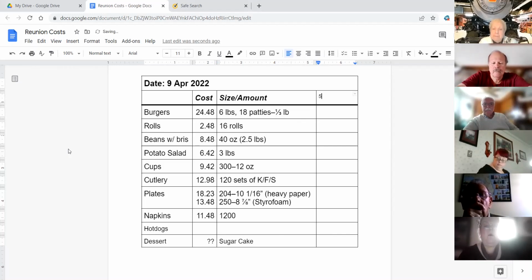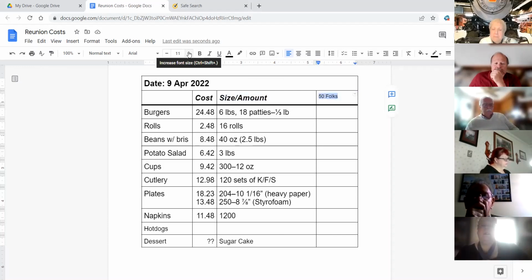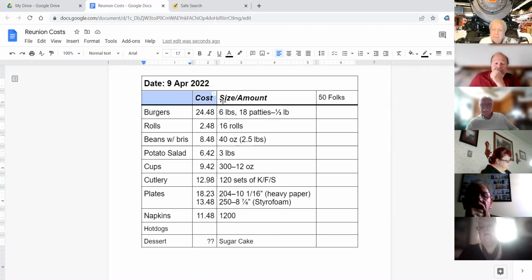And then how many rolls we'll get, if there's 16 rolls, I would still just get 2. So that would be about $5. And we figure out how much it would be for 50 people approximately for all of these things. And then we divide the total cost by 50. Then we would have a figure of how much it would be per person if we had 50 people.